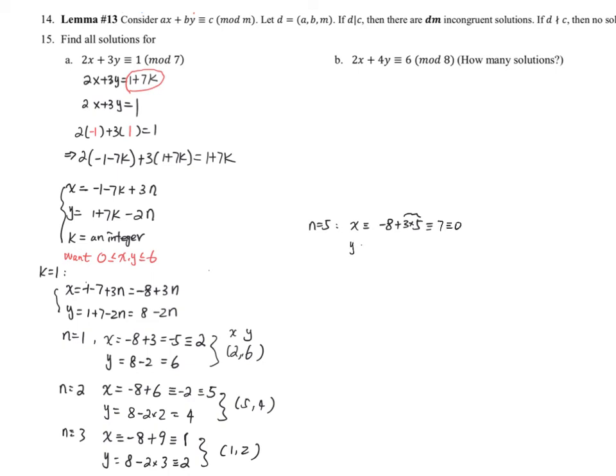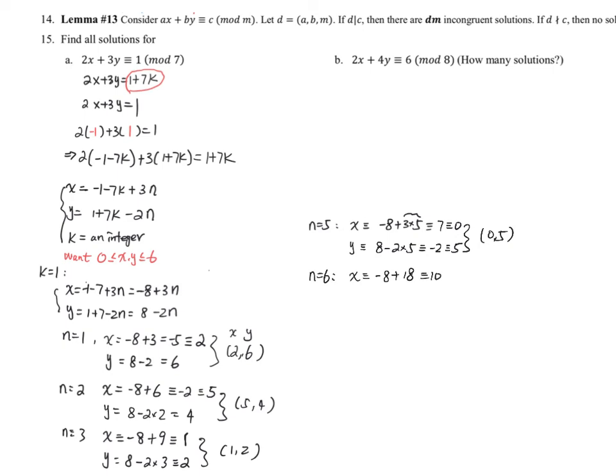And for y, 8 minus 2 times 5, 8 minus 10 is negative 2. Negative 2 is congruent to 5. Therefore, 0, 5 is another solution. When n is 6, x is congruent to negative 8 plus 3 times 6 is 18.